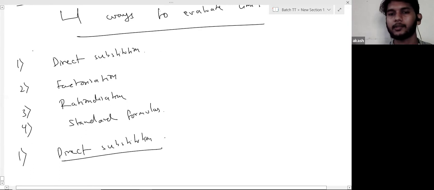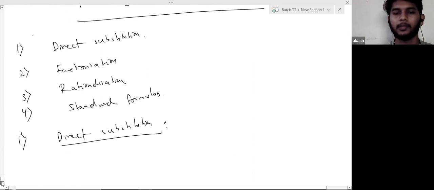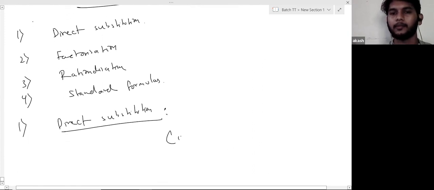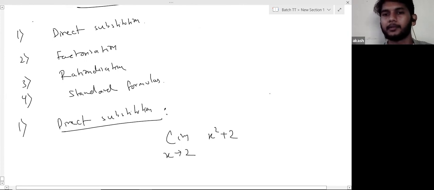As the name suggests, what we do here is put the value of x directly. All right, so what do I mean by this? If you have limit x tending to 2, x square plus 2. What is a limit? We are trying to find the value of this function at x equals 2.